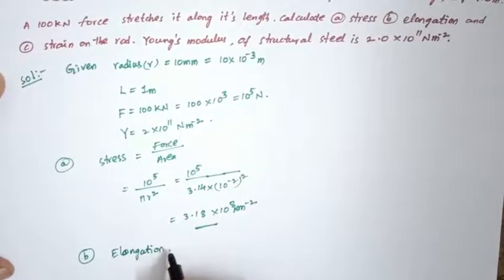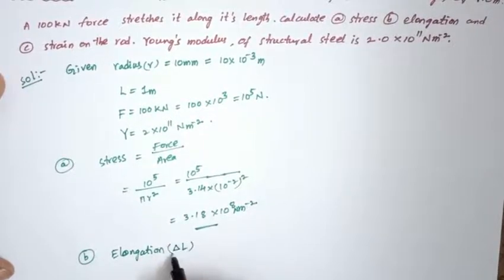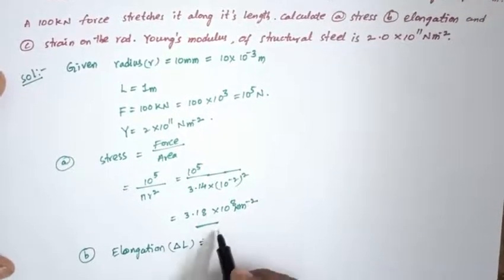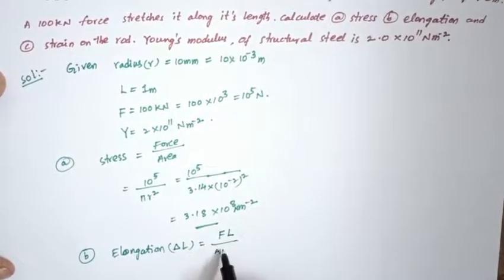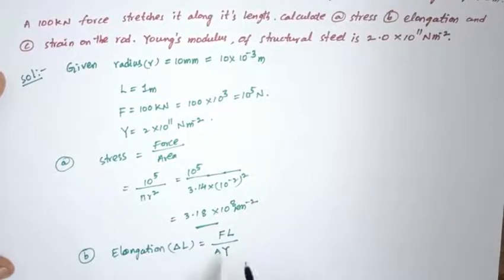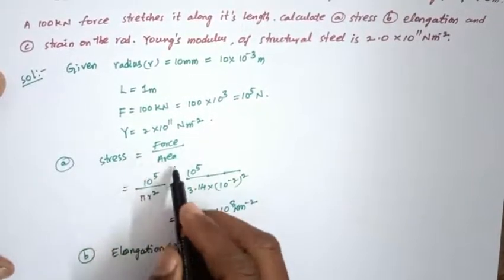So elongation is delta L. Delta L equals FL by AY. Here, stress is nothing but force by area.